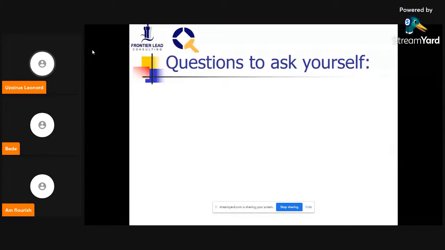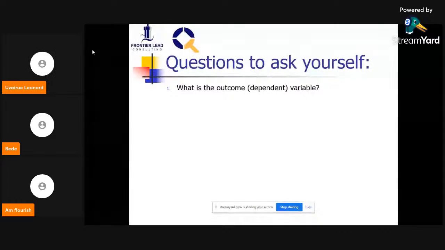The first question that you will always ask is, what is the outcome or dependent variable we are talking about? In this case, we're talking about this outcome variable.